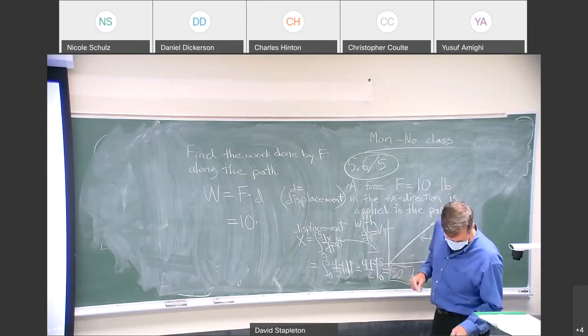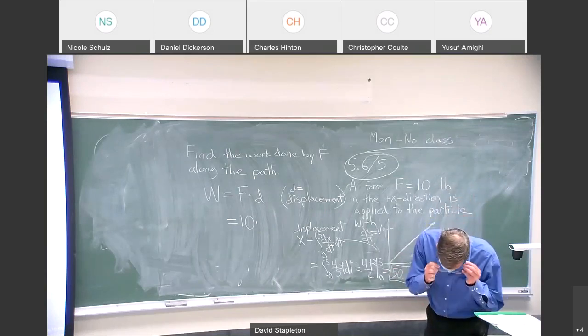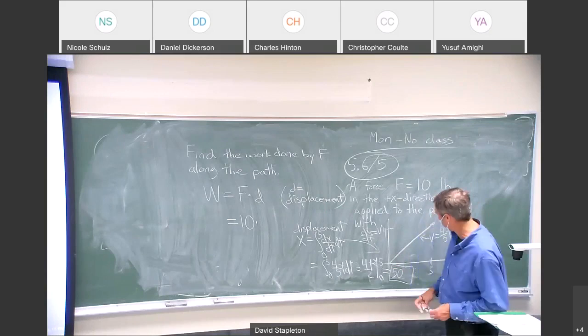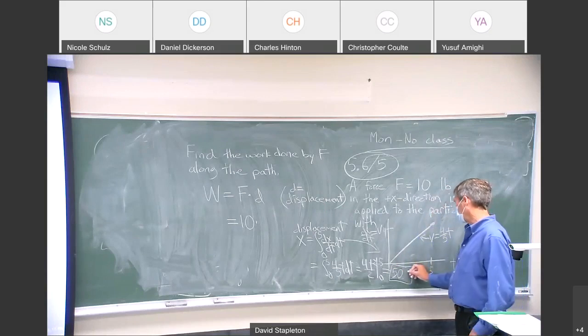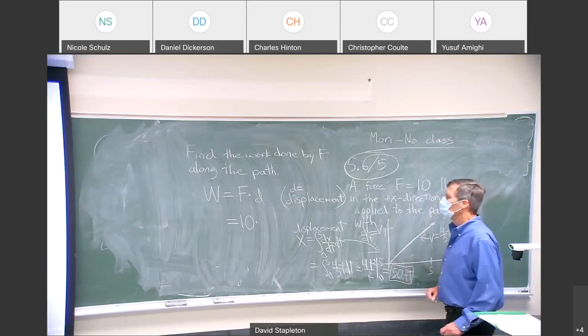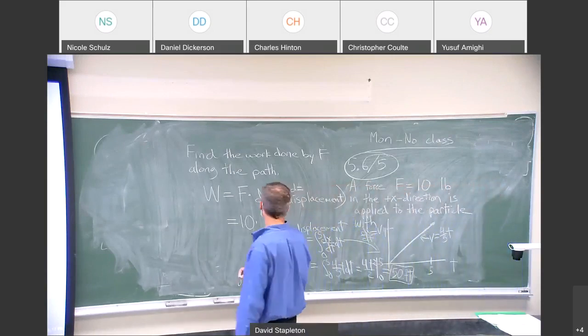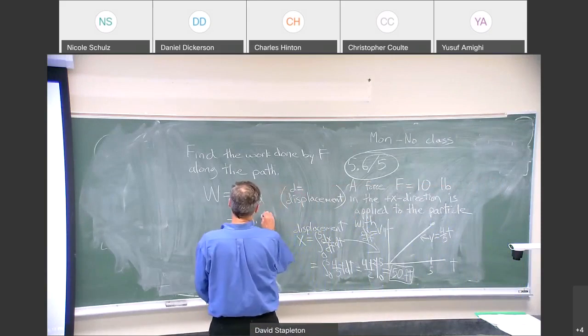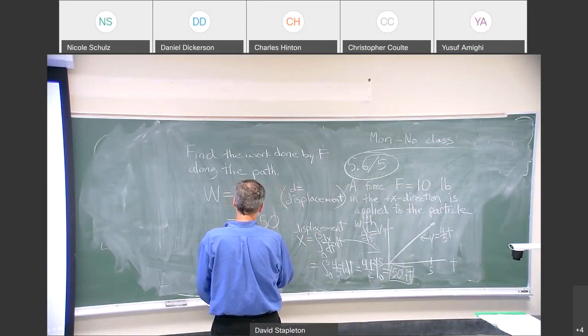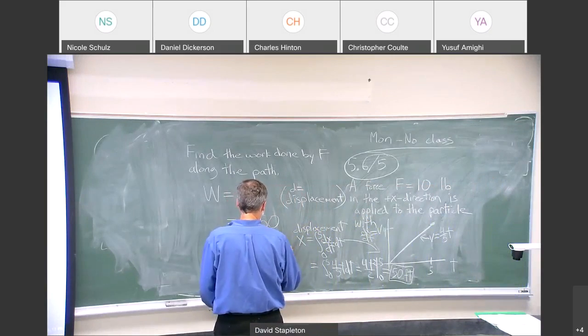This was in feet per second, was it? Yeah, feet per second, they say. So this would be feet. Now I'll say force 10 times distance 50 gives me 500. It was in feet and pounds, so it's foot pounds.